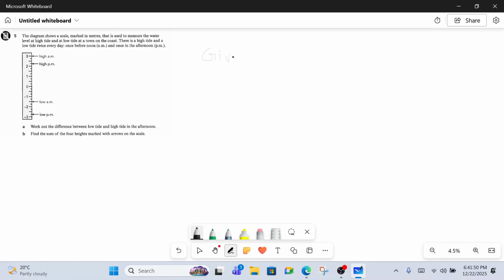Given: we have high tide equals positive 2 meters. And then we have low tide, which equals negative 3 meters.